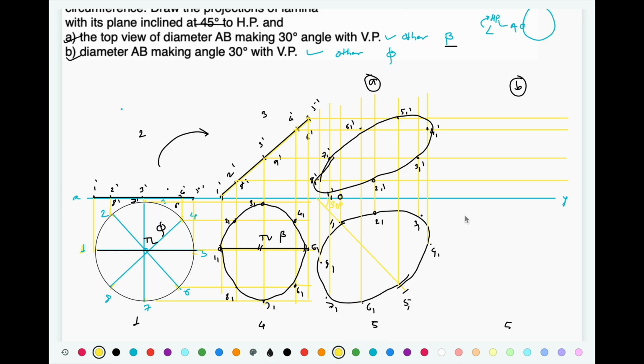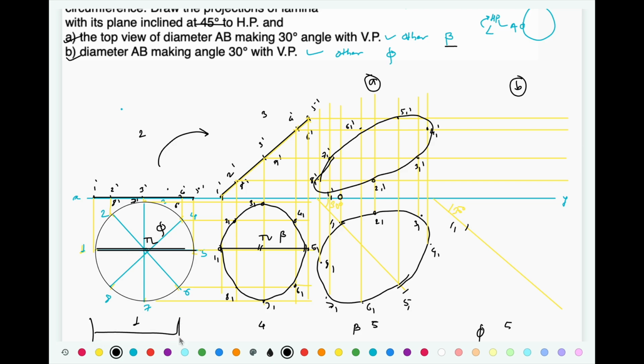Now while drawing the solution for B, once again let's draw one line inclined at 30 degree, locate the point 1 1. Now here the given angle was beta, but here the given angle is phi. So on this 30 degree line we need to mark this true length.